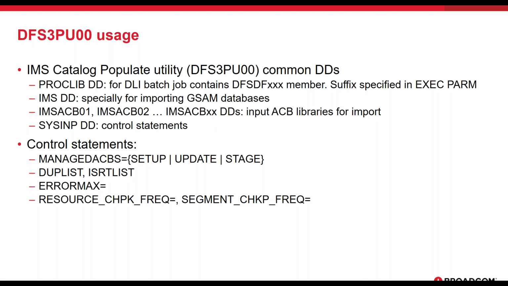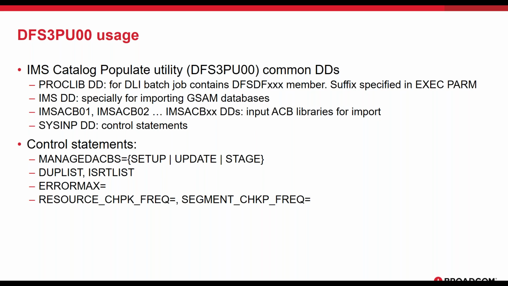Then additionally, you can put there the DUP list or ISRT insert list, which simply prints some additional messages when you are trying to override some existing resources, the databases or programs in your catalog directories, or if you are inserting fresh new ones, then they are reported as what happened during the process.